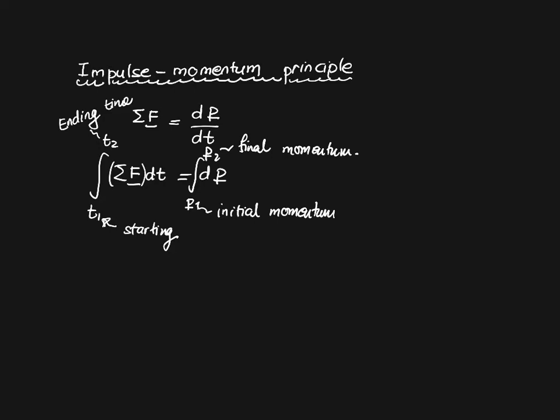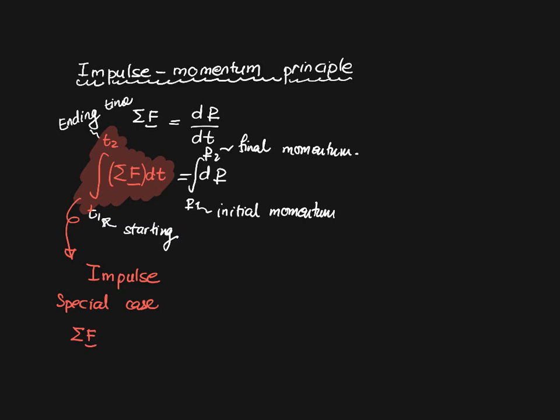And you see that on the left hand side we cannot do the integration because we don't know what force it is. So we are going to call this impulse. So impulse is the integration of F dt, and for the special case where this force is constant, you can bring this force outside the integral.